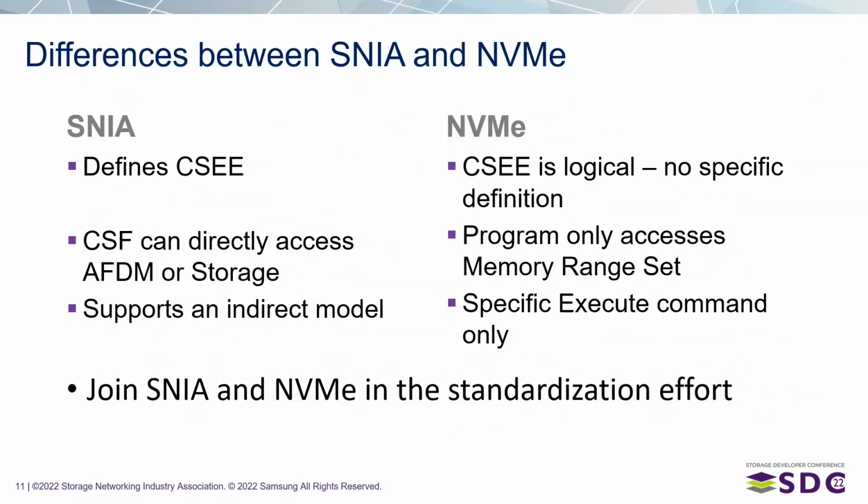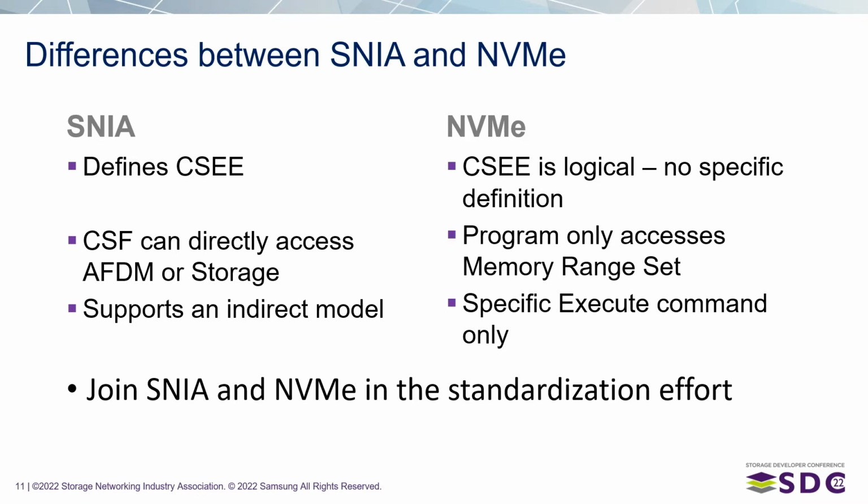So getting into what are the differences between SNIA and NVMe, I think that's probably the more interesting thing to look at. So differences between SNIA and NVMe. SNIA defines the computational storage engine environment. So that's Linux kernel, that's a Docker, packet processing, whatever the environment is that your programs are going to run under.